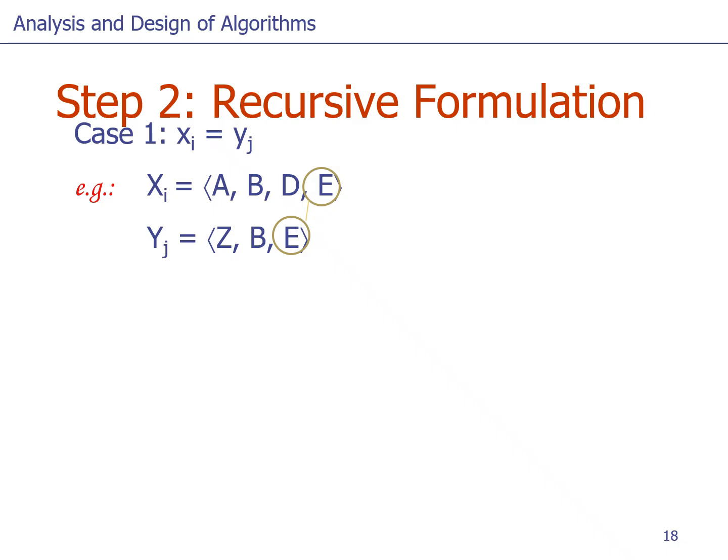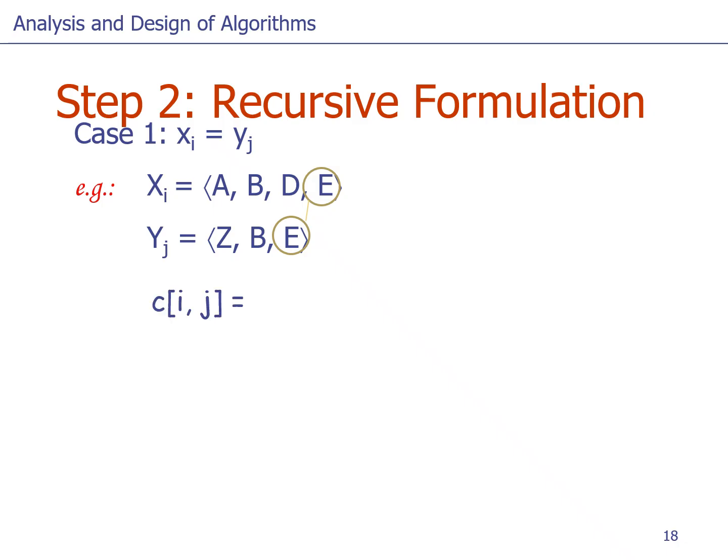So when I'm trying to actually find the value of C of I and j, the value for a specific cell in my array of solutions, I will have a number of cases. In the first case, x sub I is equal to y sub j. And I've put here an example for that, where you see the E and the E are matching.